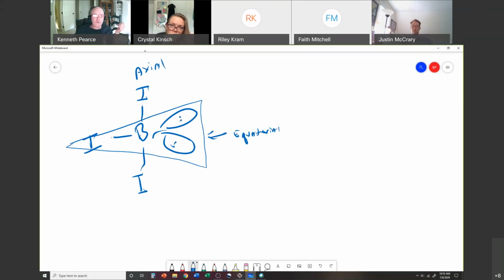And if you were to set this on its side, what would it look like? It would look like a T. See that? All I did was turn it on its side, so that's T-shaped.